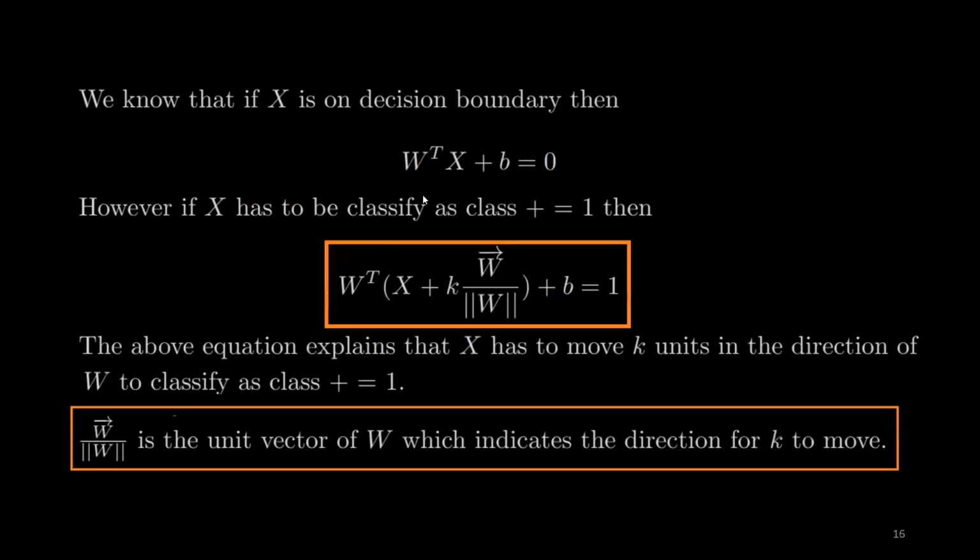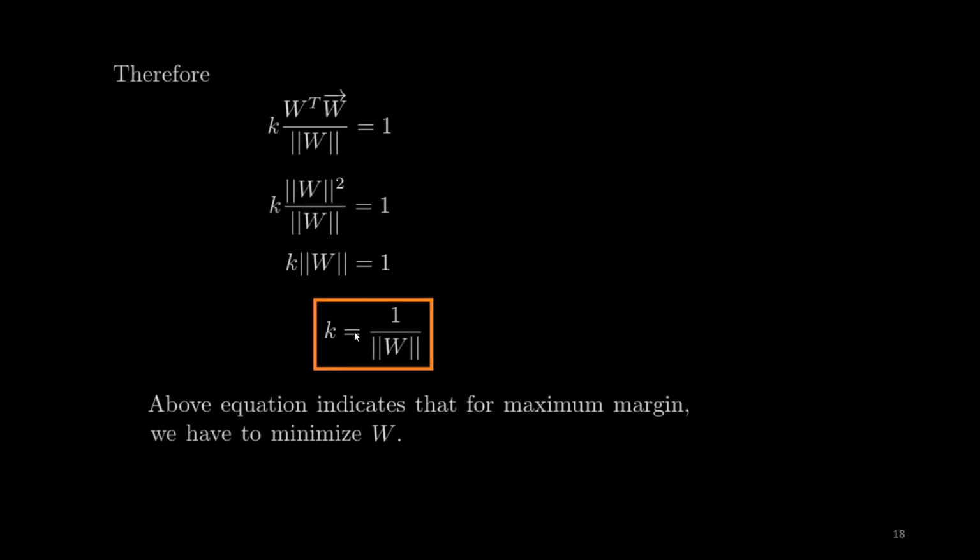So we kept on deriving the values and we reached this point where the value of k was 1 over ||w||. Here w is the weight matrix or a weight and bias matrix, and this is the magnitude of the w. Now this k is a very important parameter for the support vector machine. By adjusting the value of k, we can make support vector machine a hard classifier or a soft classifier.